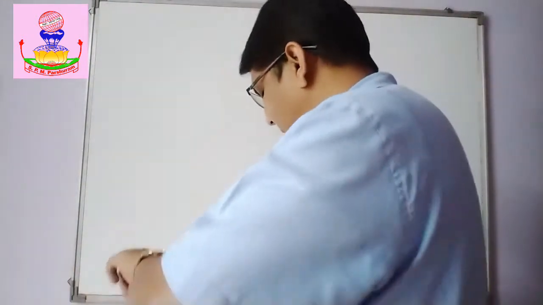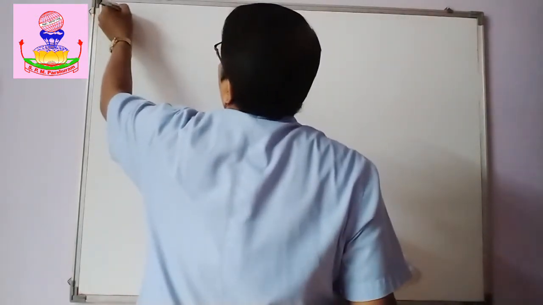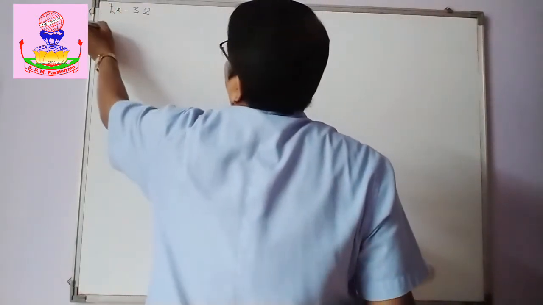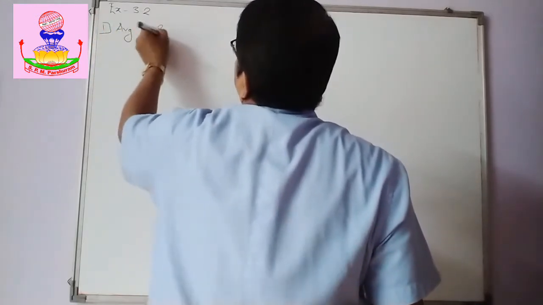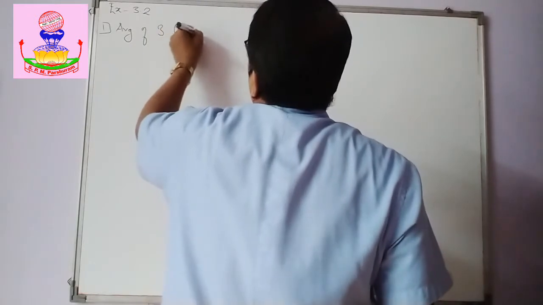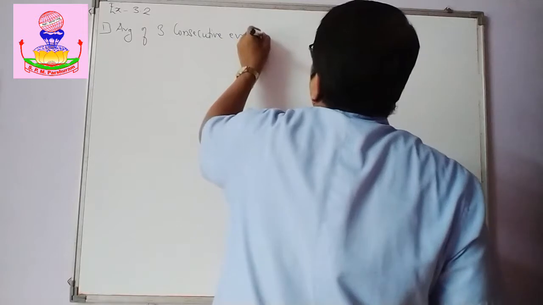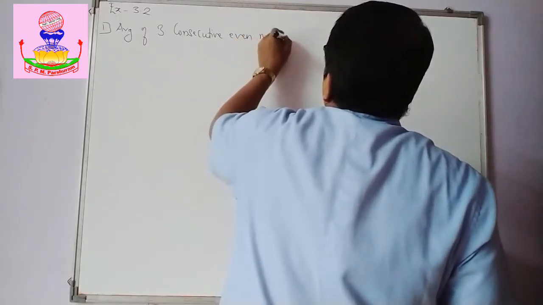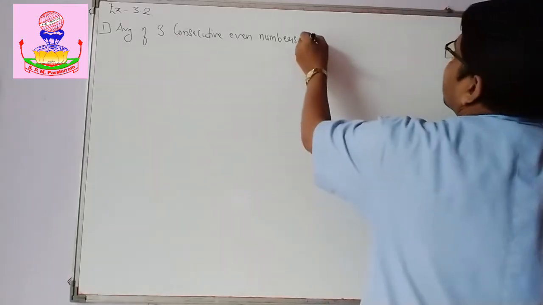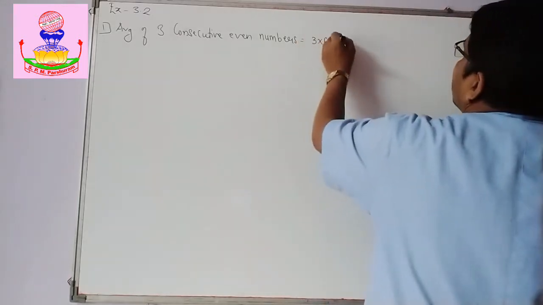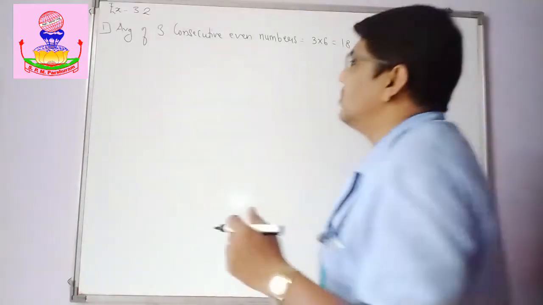Okay, so exercise 3.2, number 1. Average of 3 consecutive even numbers is 3 into 6, that is 18. Now as I have said, that is the clue.